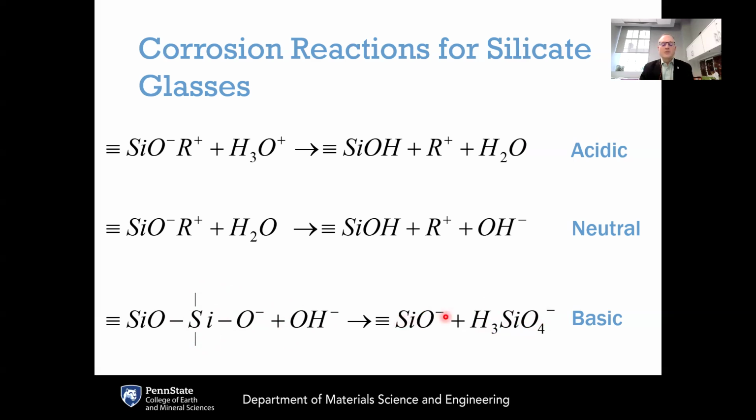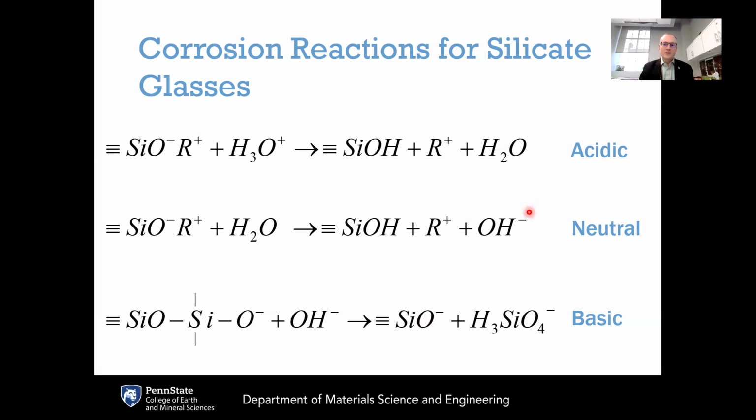So once we get into a basic pH, the type of attack changes from being leaching to being etching, because instead of plucking away individual modifier ions, it is attacking the glass network itself. It is etching away the glass network.